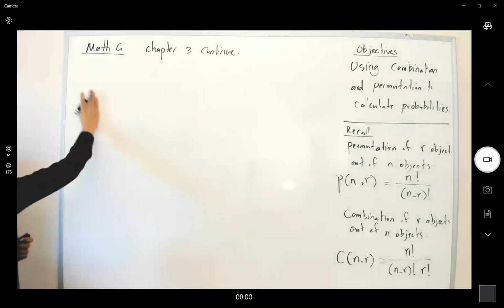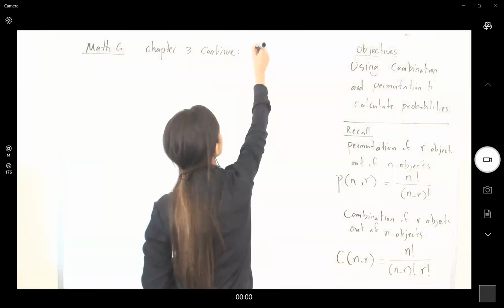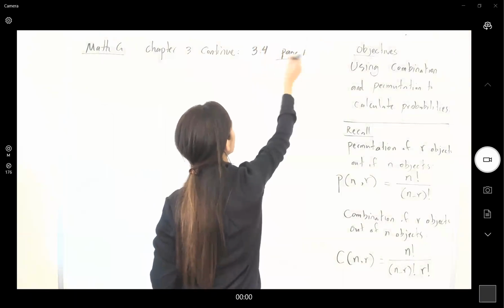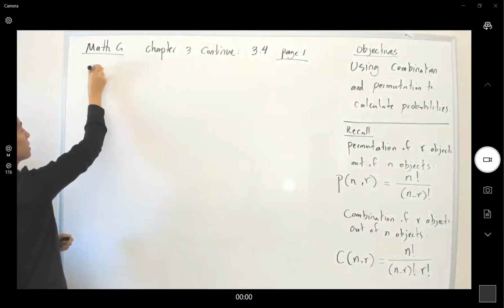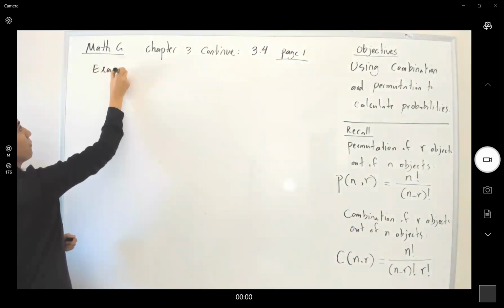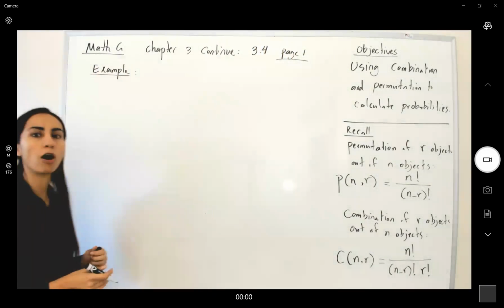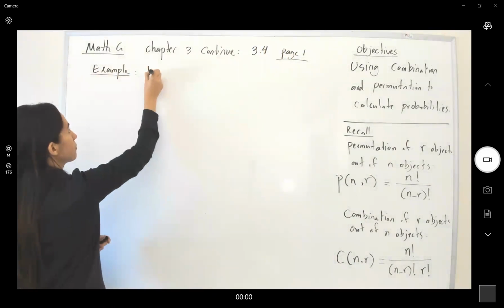One example for you, 3.4, page 1. In this example, we have a group of 3 people.